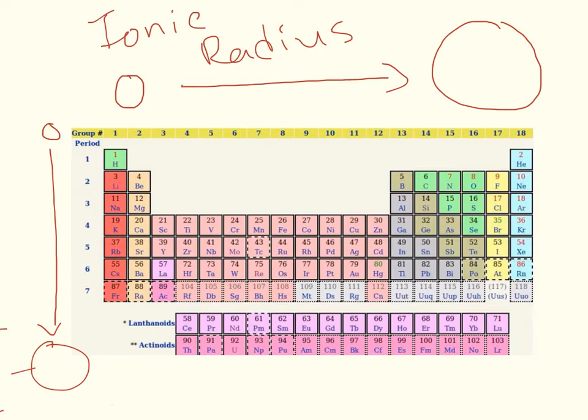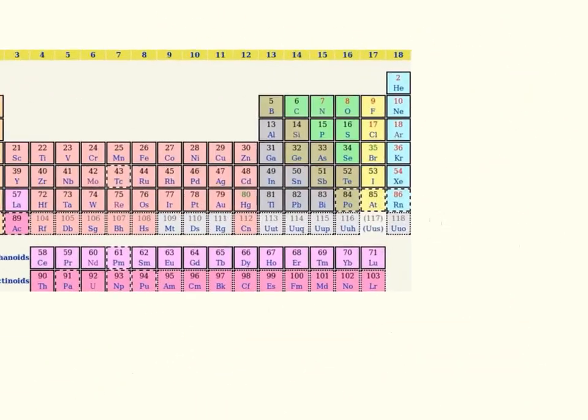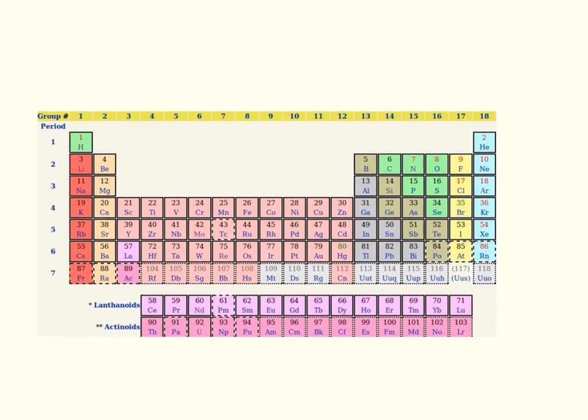Now the last one we're going to do in this video is electronegativity. Electronegativity is the ability of an atom to attract a pair of electrons in a covalent bond to itself.